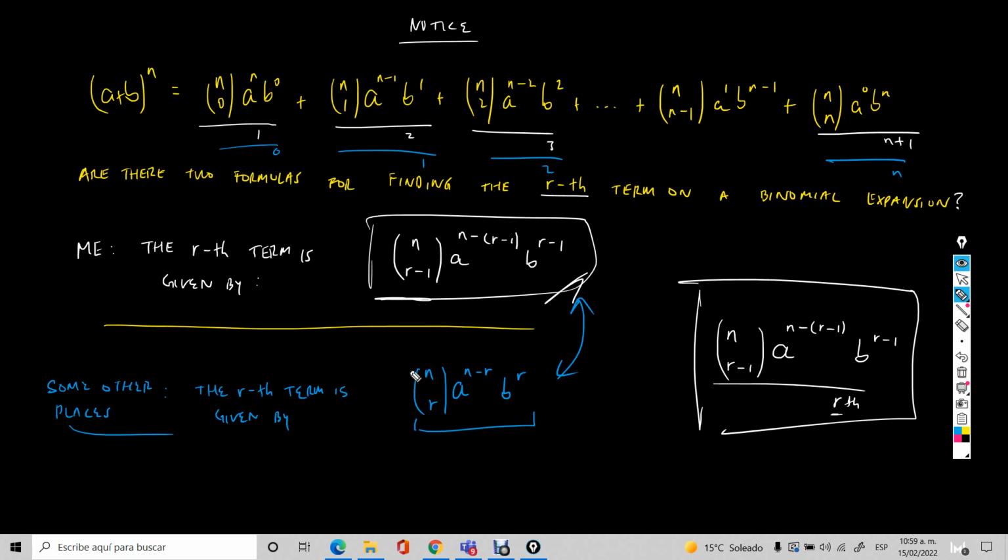That's the only difference, guys. But technically, these two formulas are the same. If you replace r minus 1 by r, you're going to see that everything checks in. The starting position is the only thing that is changing, whether you start considering this as the first one or as the 0th one. That's it.